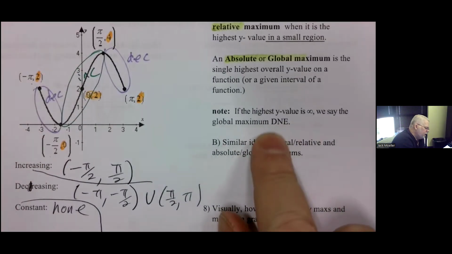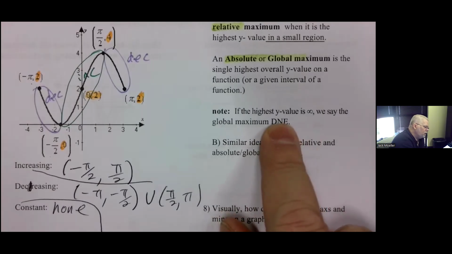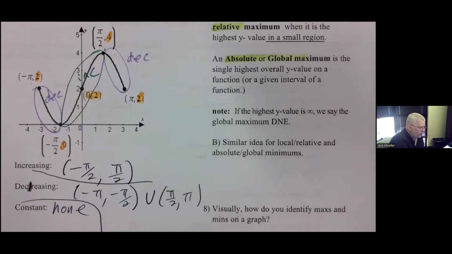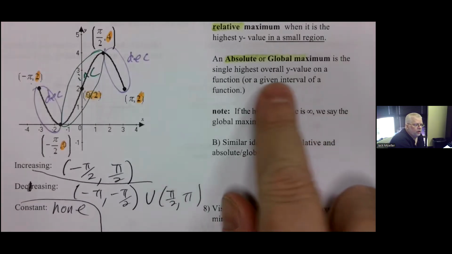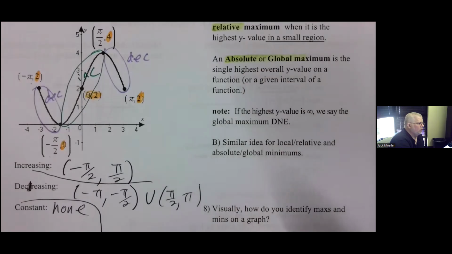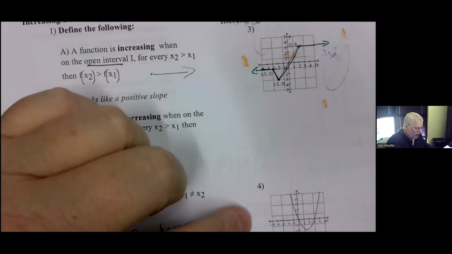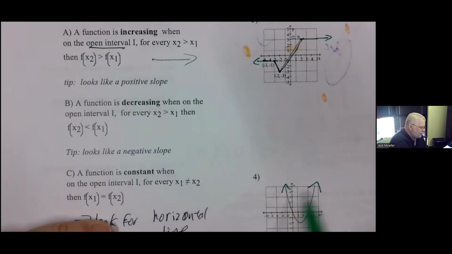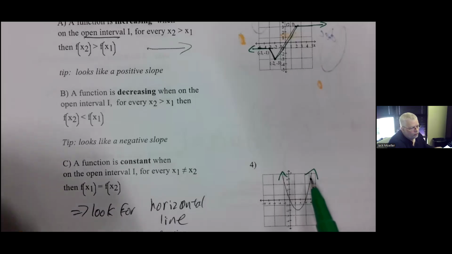I did all this for maximum, but it all works in the opposite direction for mins. So when we're looking for the absolute max, if our graph goes up forever, there is no single highest y value.